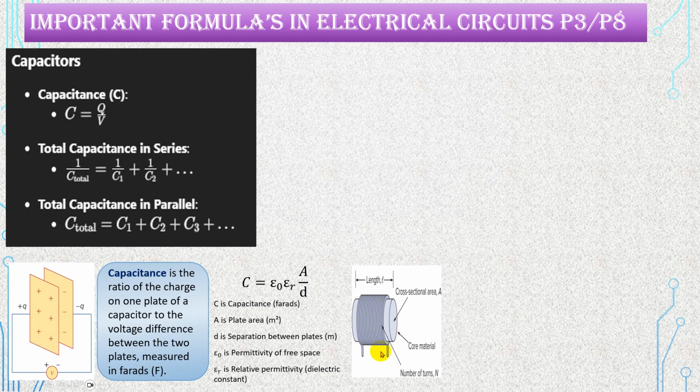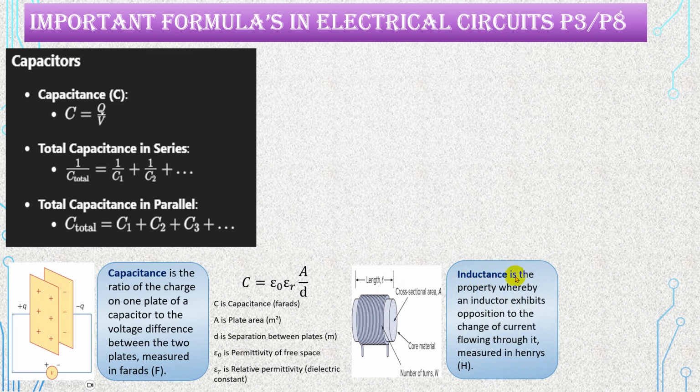If you wind it like this and connect the voltage source here, these are called the number of turns, meaning how many times you wound it on this core material. That turns distance is called the length, from starting to ending. Then all of these form the inductance.